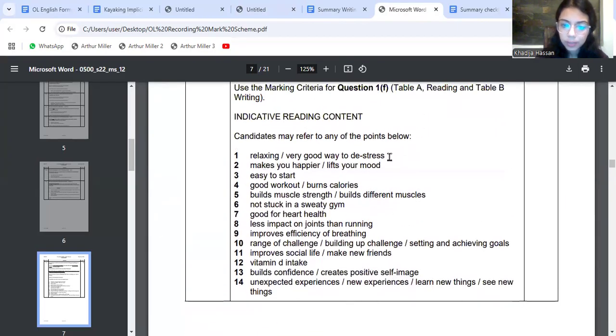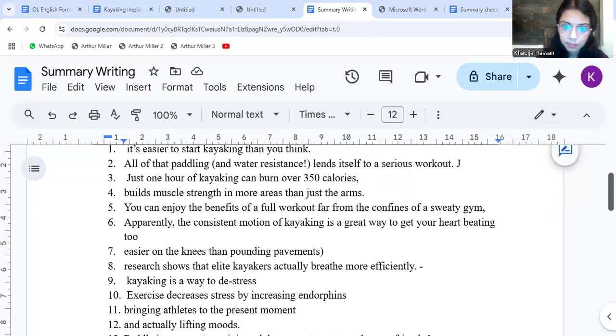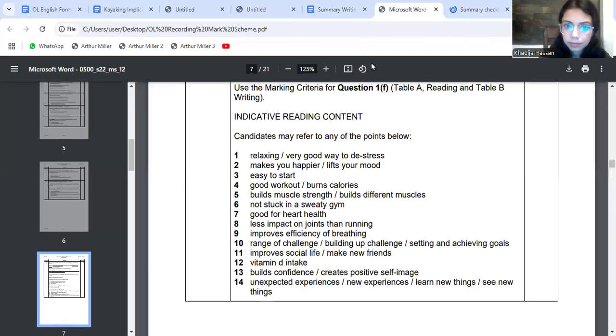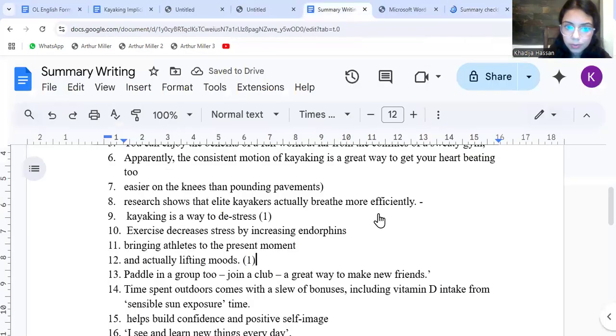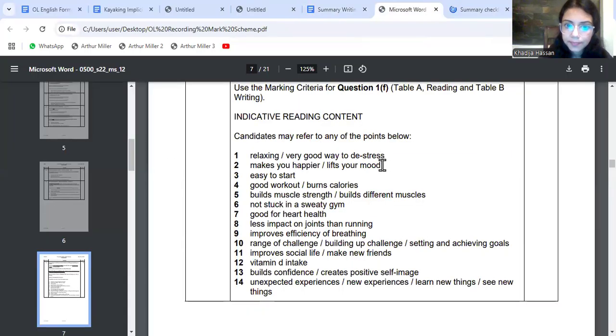We did write this, makes you happier, lifts your mood. So this was the stress point. Makes you happier, lifts your mood. Easy to start. This was one of our early ones. Good workout burns calories.